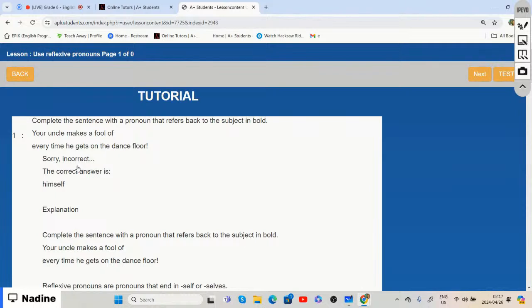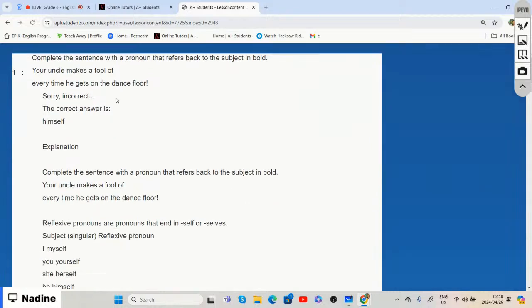It either ends in self or it ends in selves. If it's a singular subject, then it ends in self. If it's a plural subject, it ends in selves. Right?